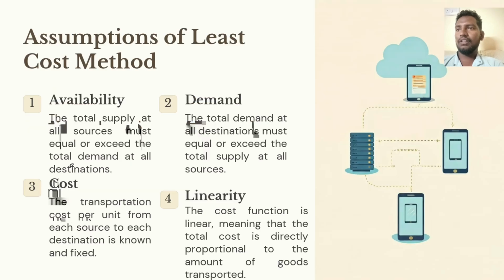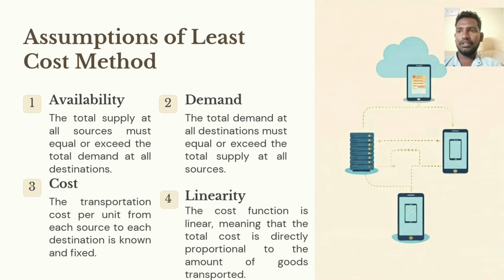Next, we will move on to the assumptions of the least cost method. First one, availability; second one, demand; third one, cost; fourth one, linearity. Availability: the total supply at all sources must equal the total demand at all destinations. Demand: the total demand at all destinations must equal the total supply at all sources.